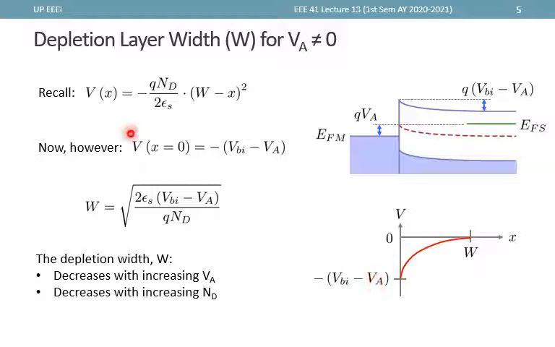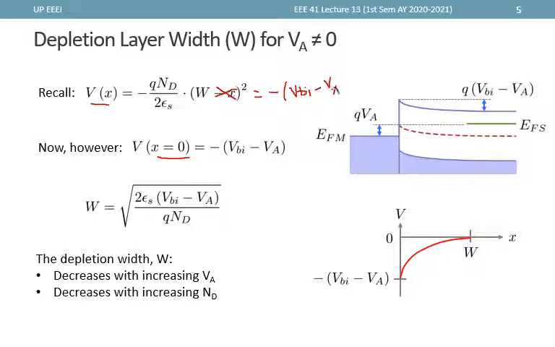Now we can use that boundary condition and substitute into this expression right here. So when we evaluate at x equal to 0, this term disappears, and the voltage at x equal to 0 is equal to negative quantity VBI minus VA.